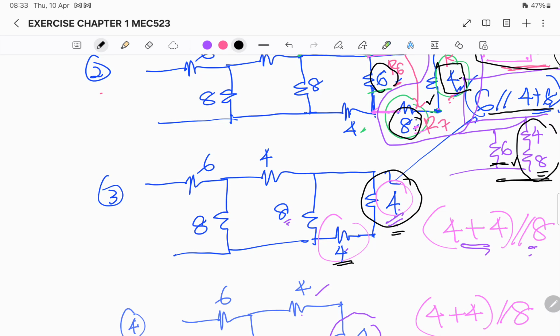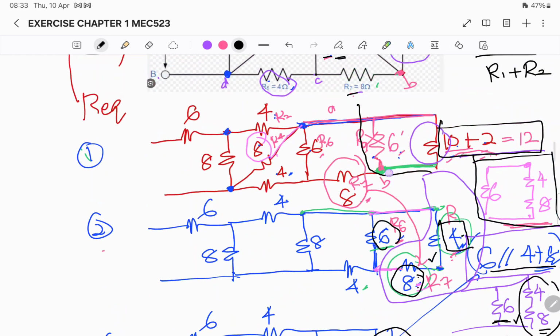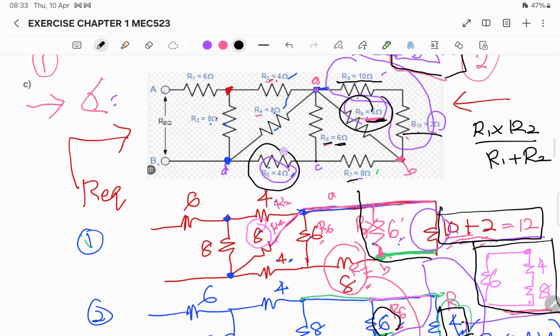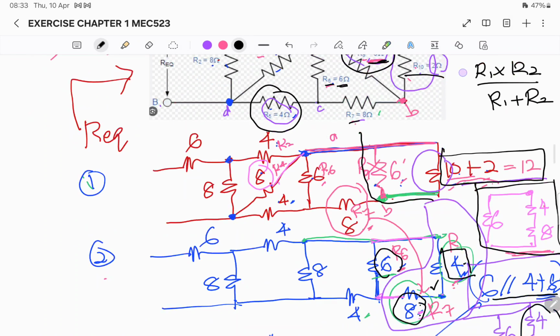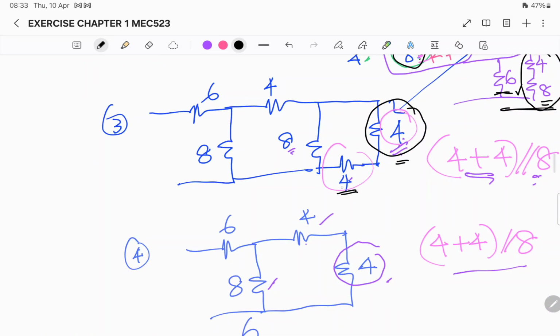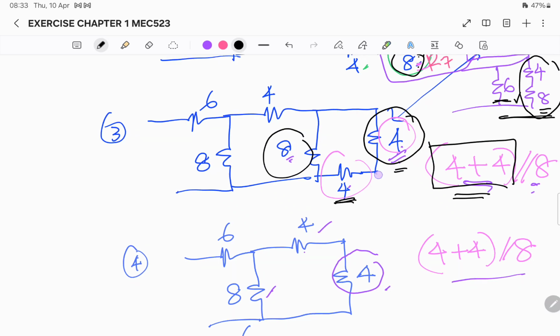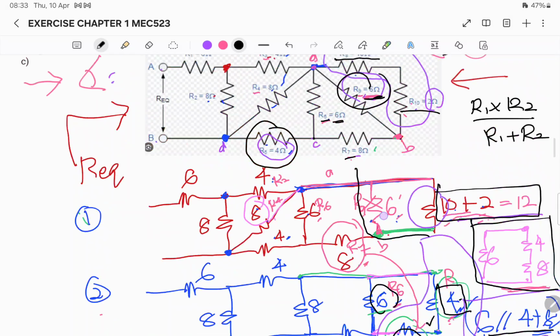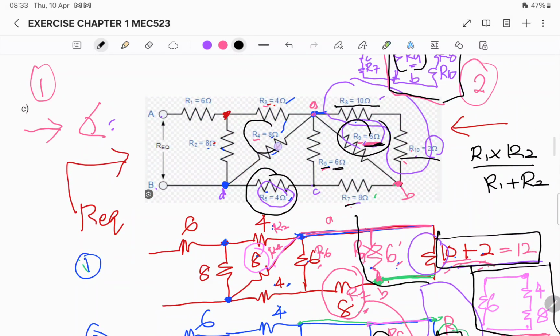It is actually in series with the 4, the one at the front, R5. So you series with this 4, and then parallel with the 8.